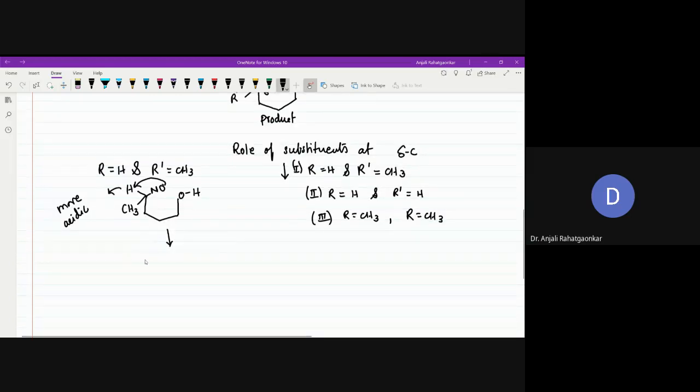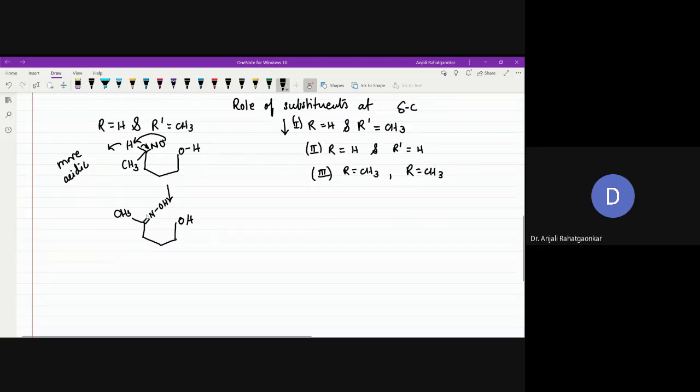So after protonation, let us see the scenario. So CH3. The oxygen will abstract this hydrogen, and this bond will collapse over here. So naturally there will be a double bond between nitrogen and oxygen. So this type of moiety is going to form ultimately.